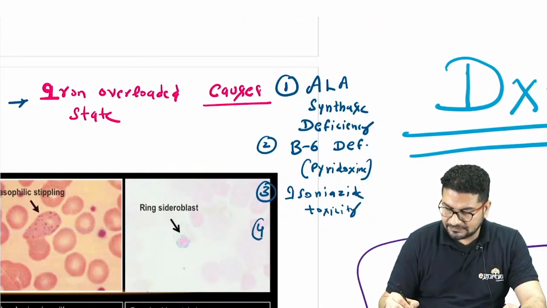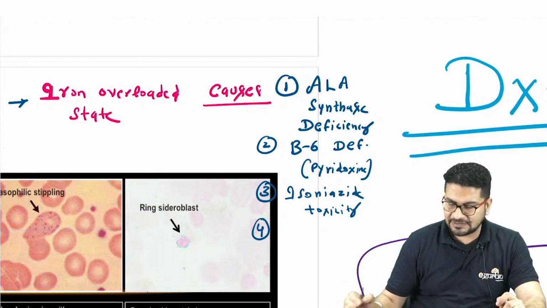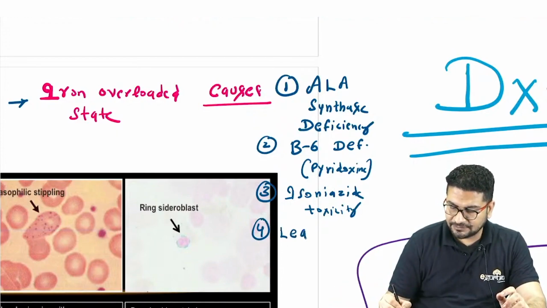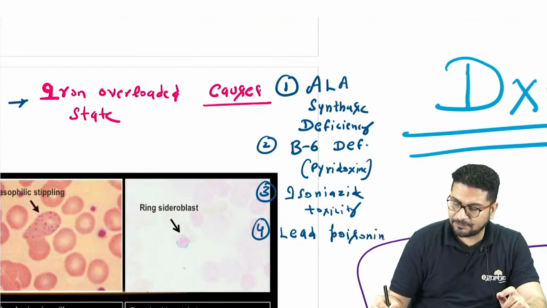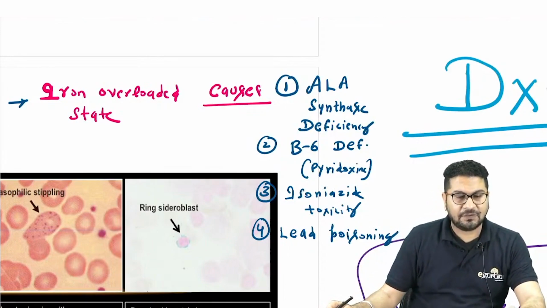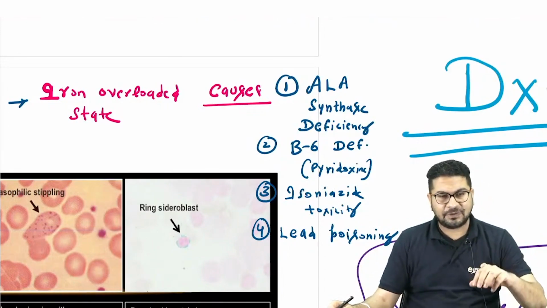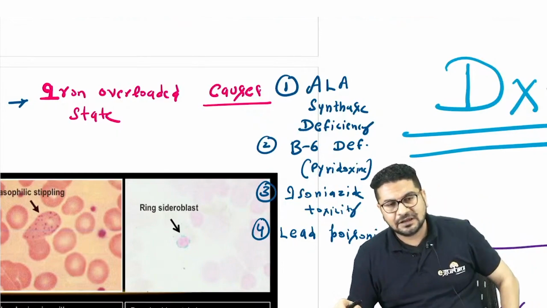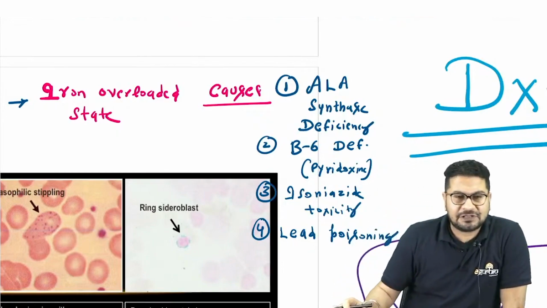Sideroblastic anemia also occurs due to lead poisoning. Lead poisoning is an example of sideroblastic anemia, because lead poisoning will inactivate an enzyme called ferrochelatase.